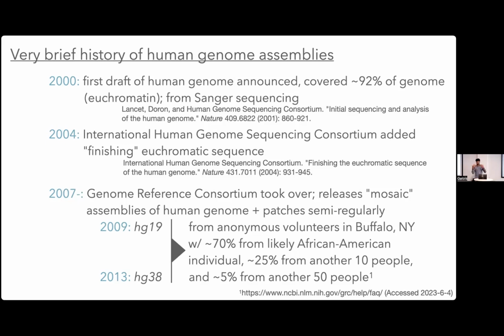So we're looking at variation from the perspective of this reference, which is dominated by a single individual. And that means that these analyses can incur biases if you're working with genomes that are more distant from that individual. And you might be able to infer the effects of this later in the talk.